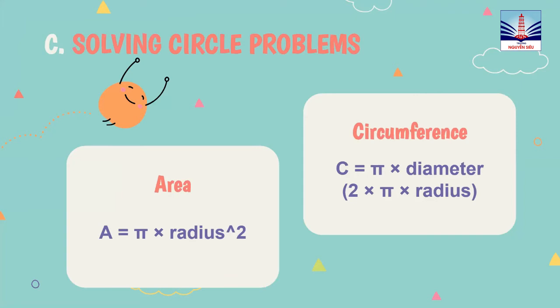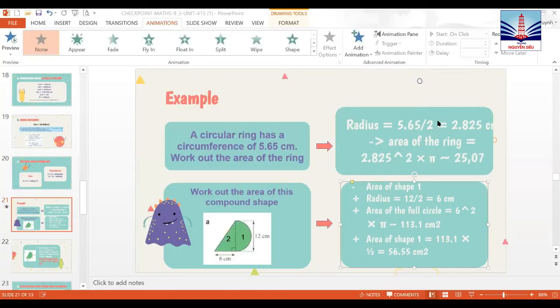Solving circle problems. This is the formula for area and circumference of the circle. So let's have an example. To work out the area of the ring, we'll need to find the radius.